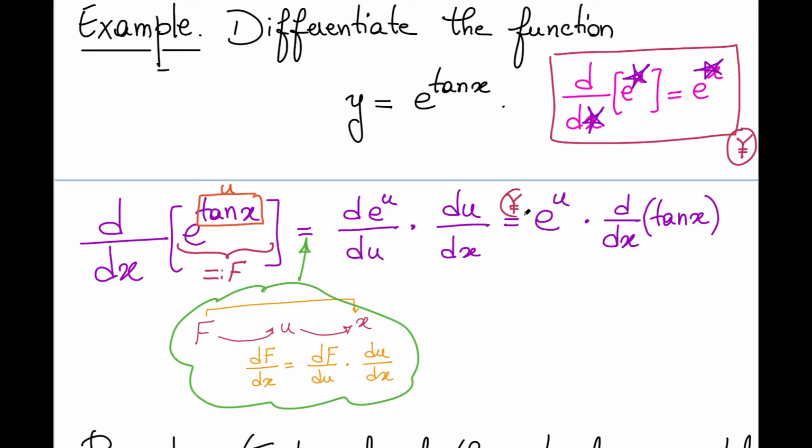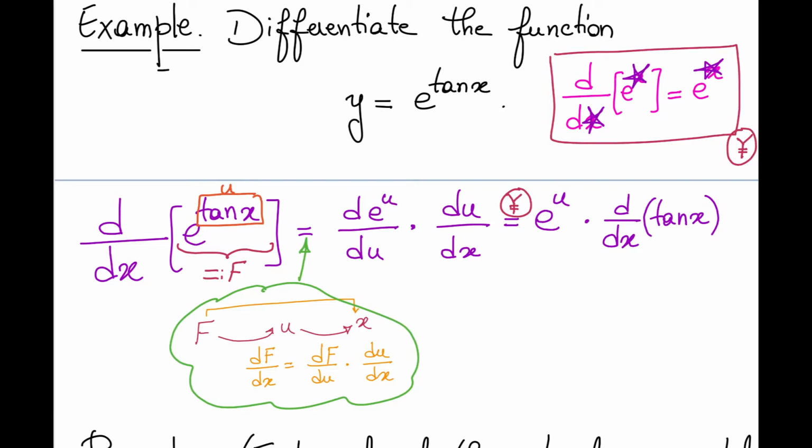Okay, I used it here, and you agree I used it here because I rewrote this as e^u, the star being u. So I used this yen symbol with star being u.